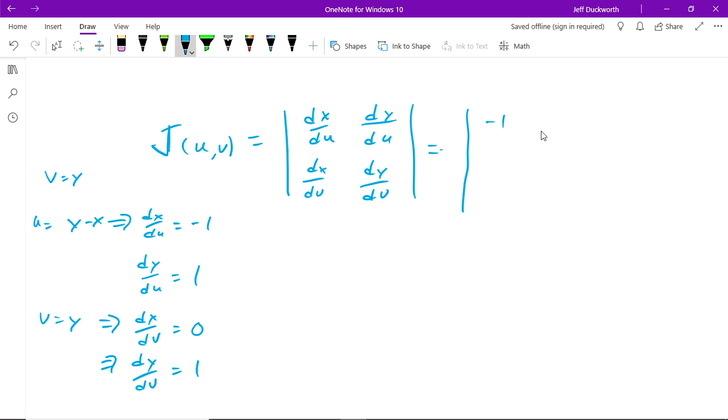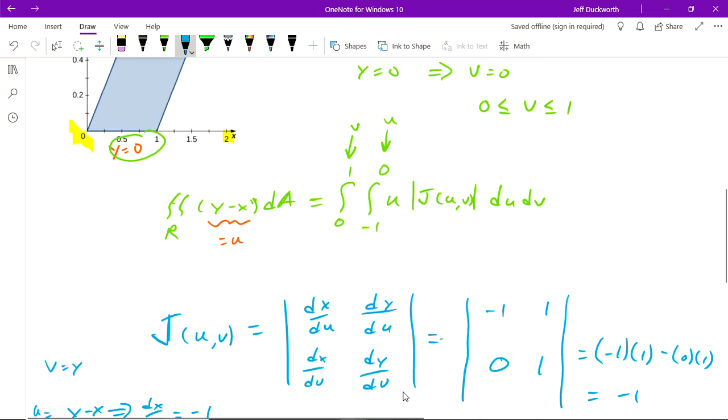So -1 for our first one, +1 for our second one, 0 for our third one, and 1 for our fourth one. And we take the determinant the standard way, down diagonal first, minus the up diagonal. So that's just -1. However, we need the absolute value of -1, so that's 1.